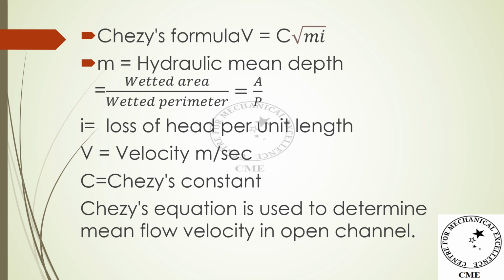The hydraulic mean depth is the ratio between wetted area and wetted perimeter, that is, wetted area divided by wetted perimeter. Chezy's equation is used to determine mean flow velocity in an open channel.